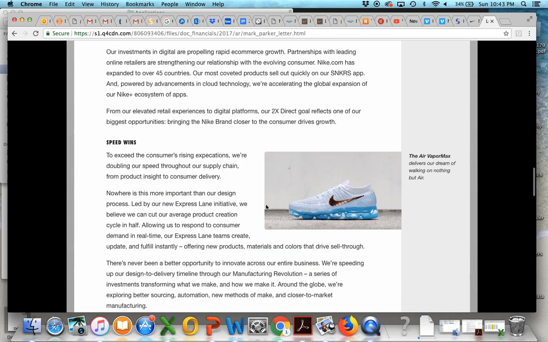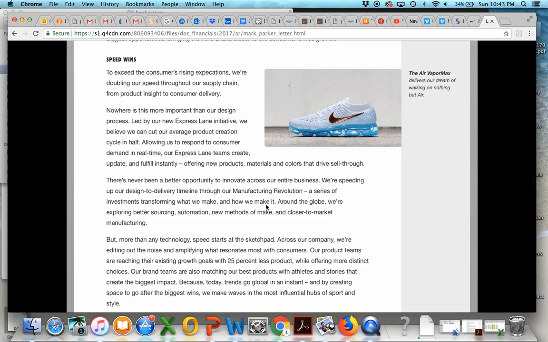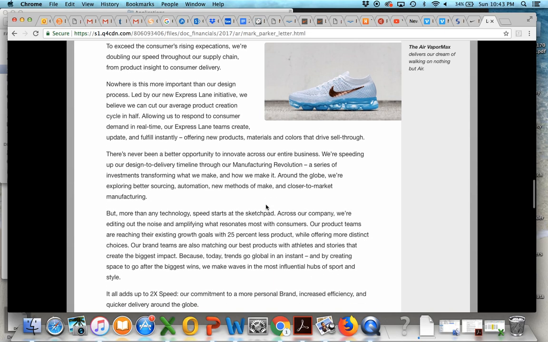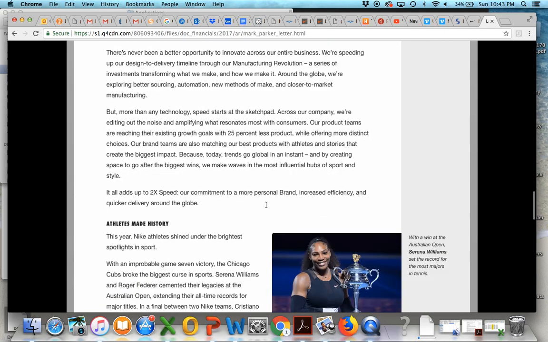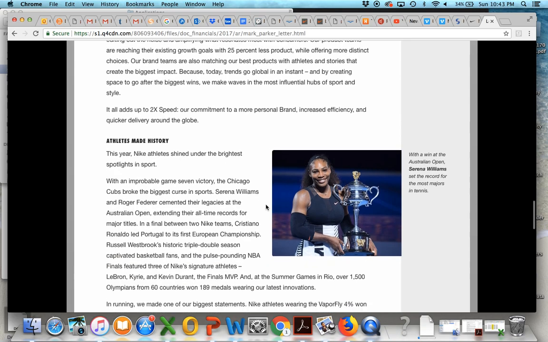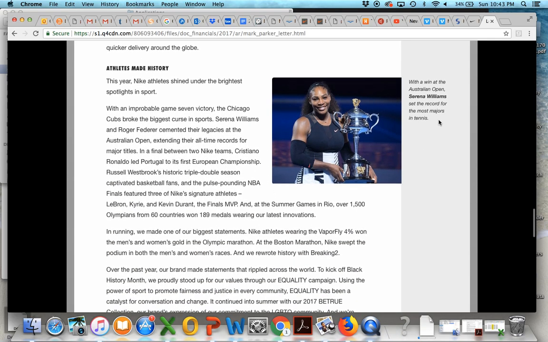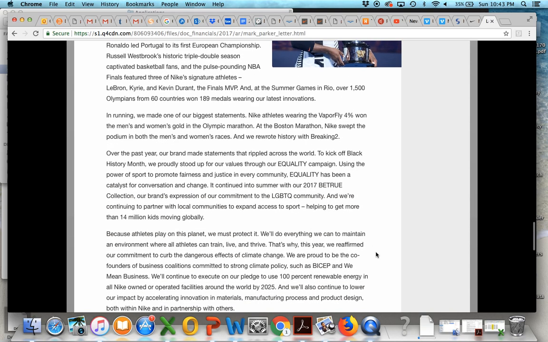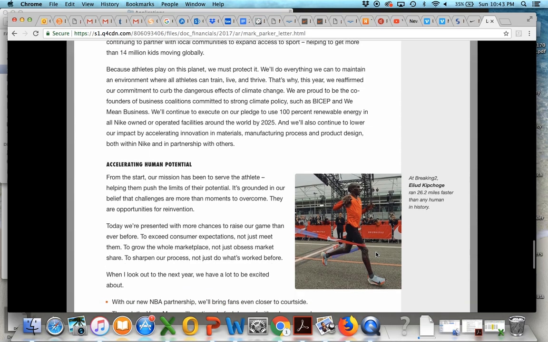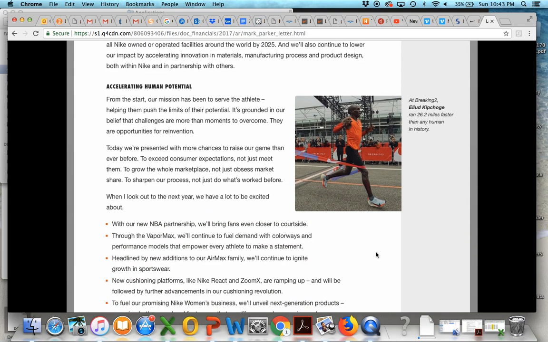So again, what are a handful of things in here that maybe you didn't know or find interesting? Some pictures of the people that they work with or sponsor. You're trying to get a feel for what this company values, what they are trying to achieve, and ultimately, does this make you interested in the company as a potential investor?